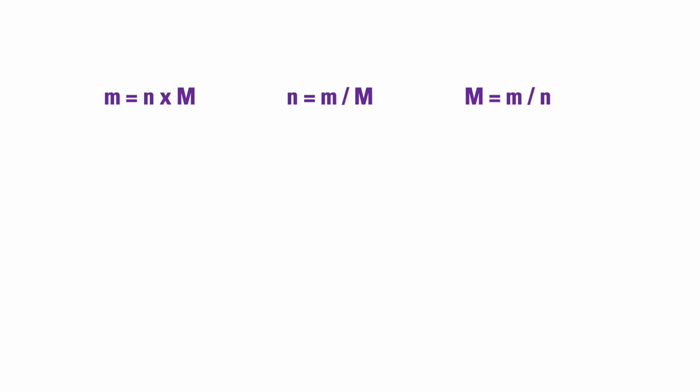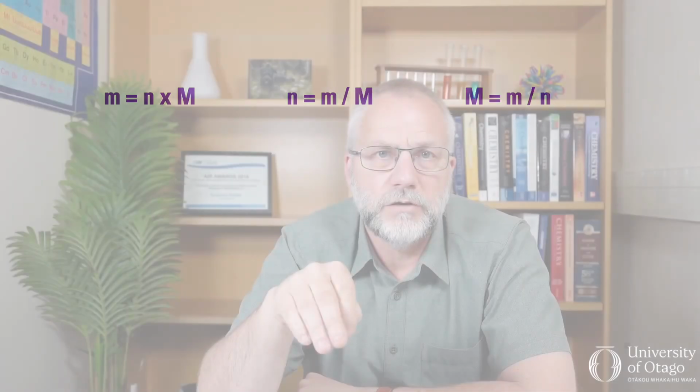So we can say mass is equal to amount times molar mass. We can say amount is equal to mass over molar mass. And we can say that molar mass is equal to mass over amount.